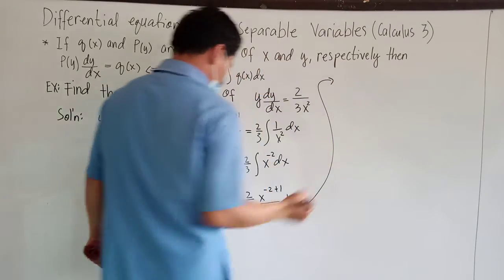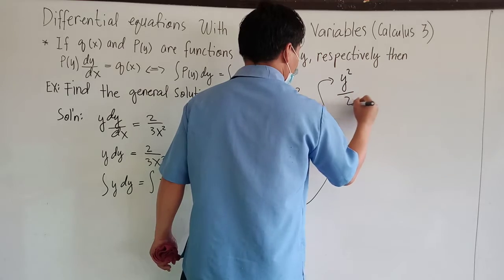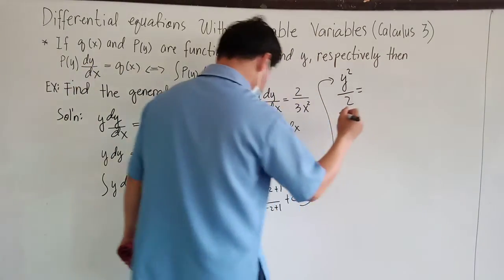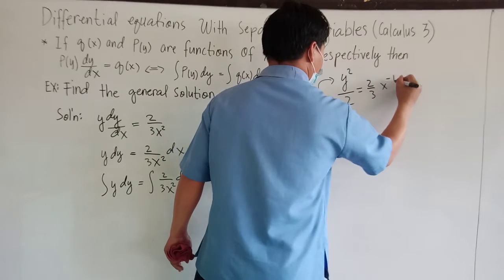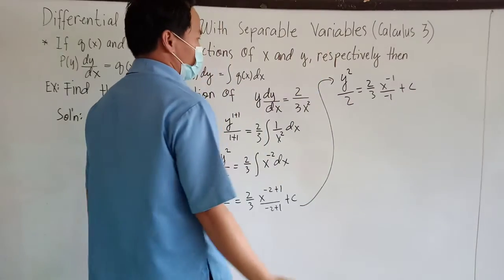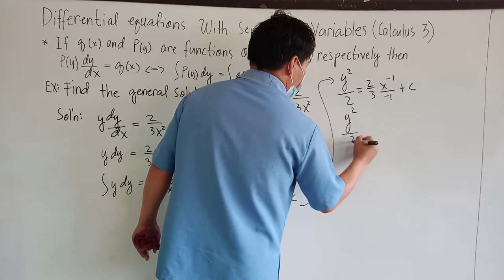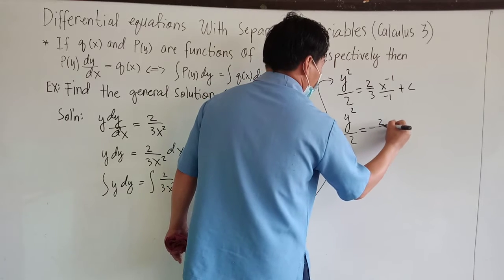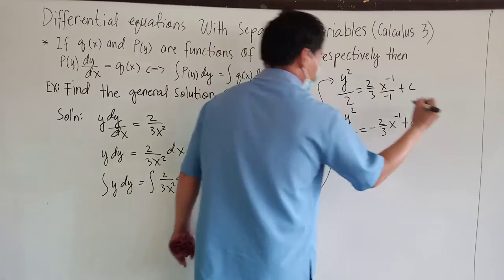That will become y to the power of 2 over 2 is equivalent to 2/3 x to the power of -1 over -1 plus c. Or to simplify it, y to the power of 2 over 2 is equal to -2 over 3 x to the power of -1 plus c.